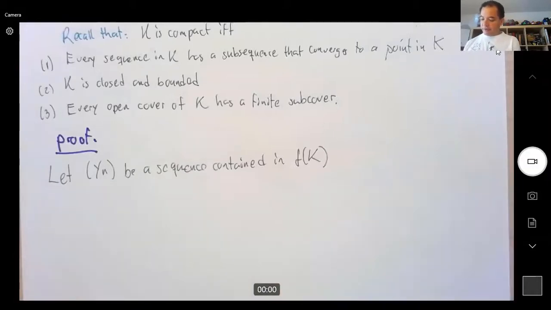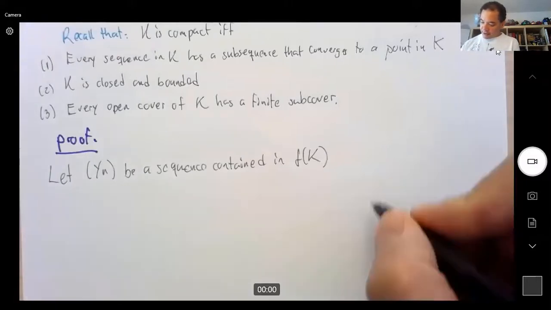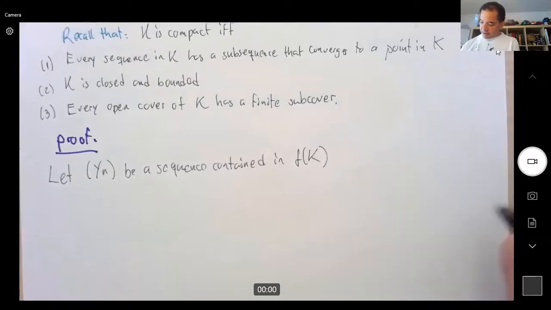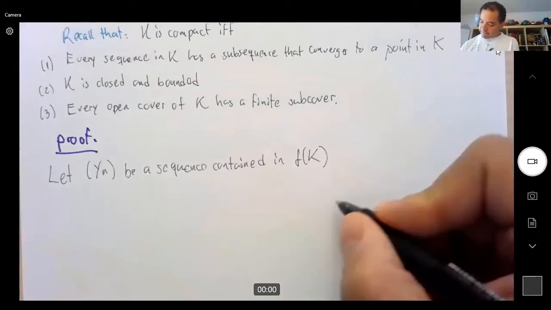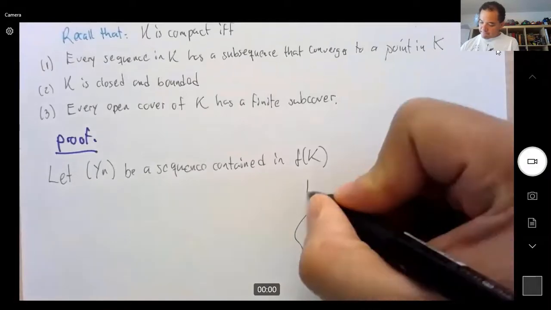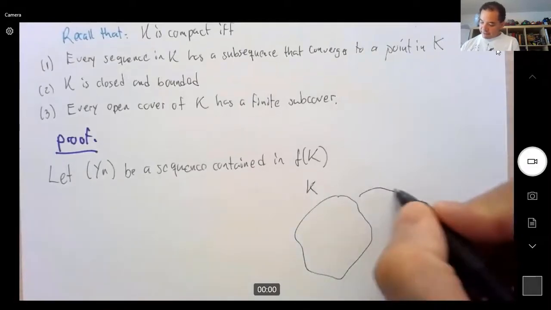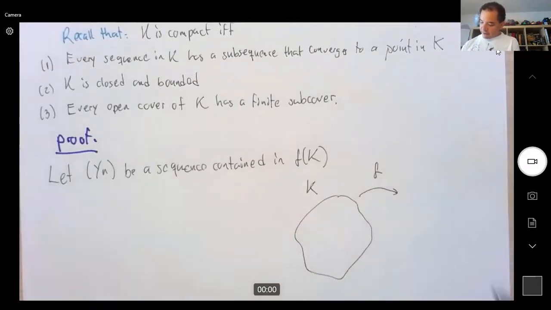I know it's from the reals to the reals, so that's not that interesting as a picture, so we'll do it a little bit differently. Let's say that we have over here K, and here's f, and over here are the real numbers, and here's the image of K.